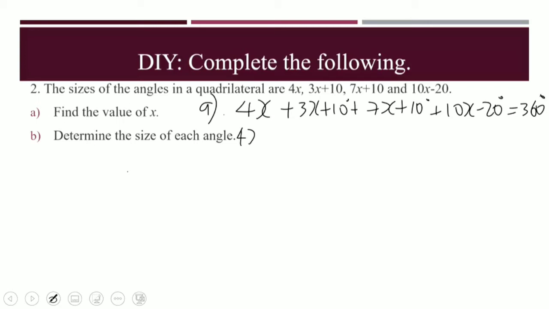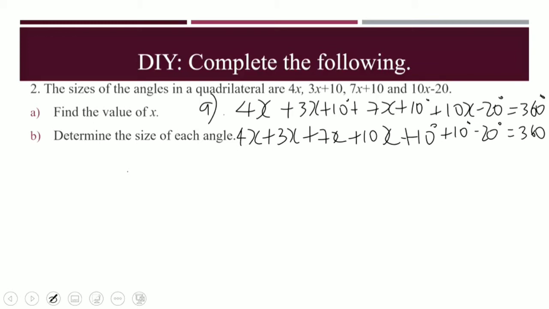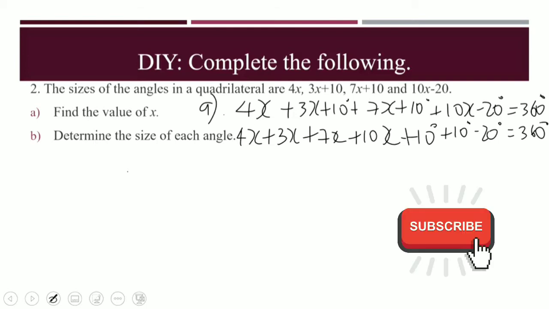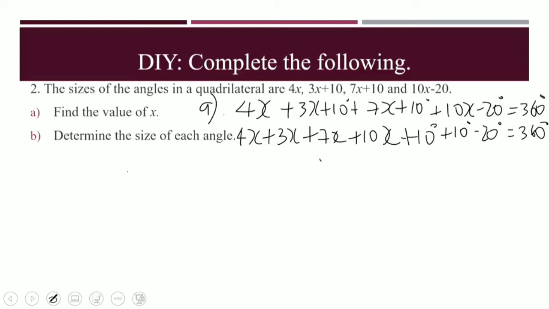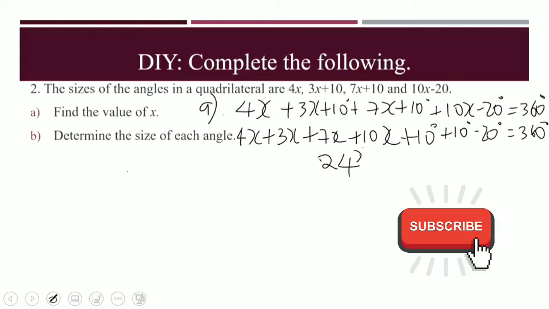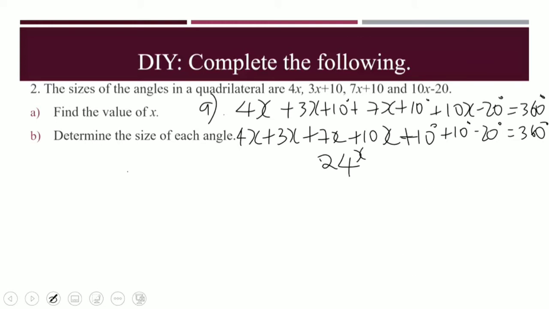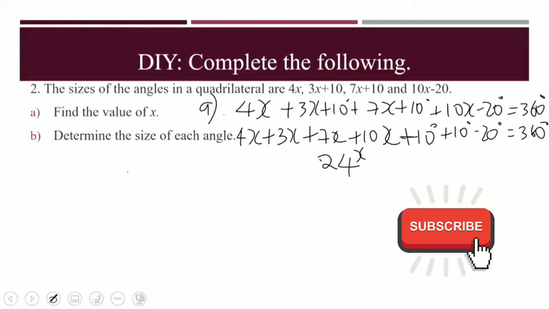So I'm going to just go ahead and write it. And we also put 10 degrees plus 10 degrees minus 20 degrees is equal to 360 degrees. All right, when we add 4x, 3x, 7x, and 10x, we will get 24x. And then we have 10 degrees plus 10 degrees minus 20. That will indeed give us 0.